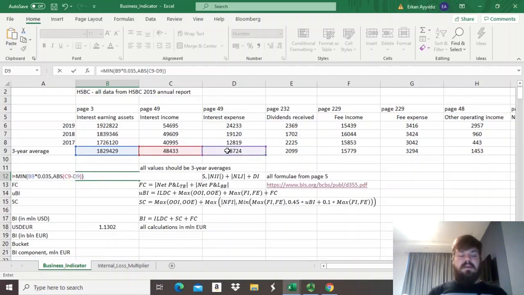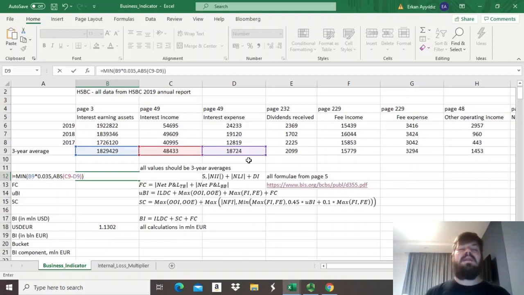What is the logic of this procedure? Well, you either take the net interest income averaged over 3 years and take the absolute value. Or if your interest margin is very high, the business indicator does not penalize you for that and just caps your interest margin at 3.5% of your interest earning assets.